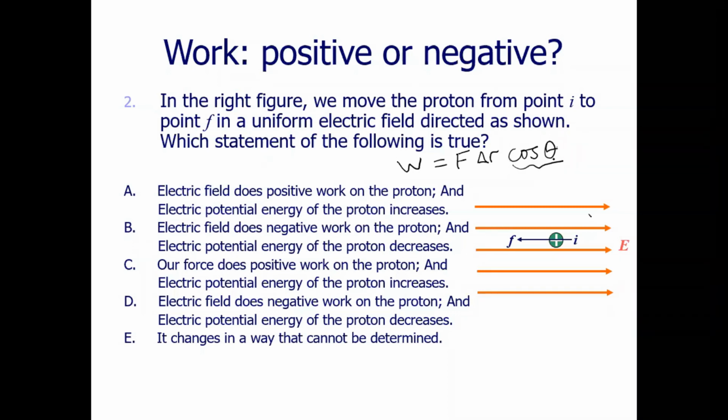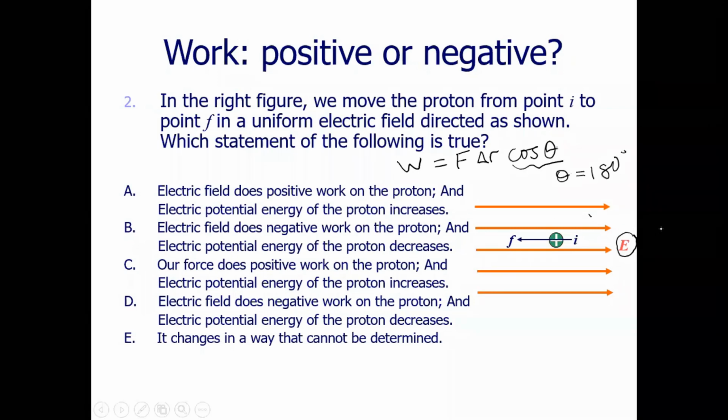In this case, in what direction is the force? The force, of course, is in the direction of the electric field. But then for the displacement, what is the angle here? As Madam Elizabeth had pointed out, theta is 180, definitely, because the force is in this direction and the displacement is in this direction.